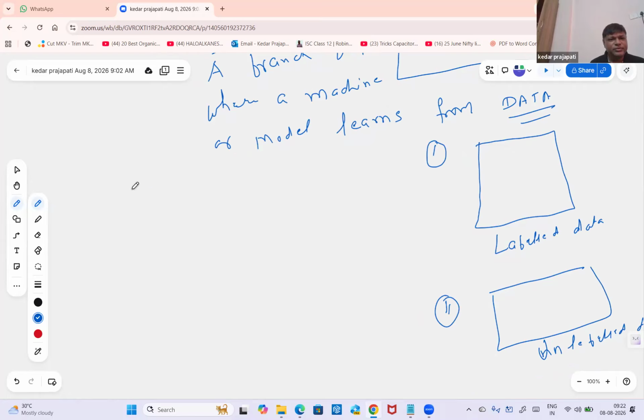I'll give you a small example of labeled data. Suppose I have developed a small model. We'll come to what a model is. Model means a few lines of instructions you have given.